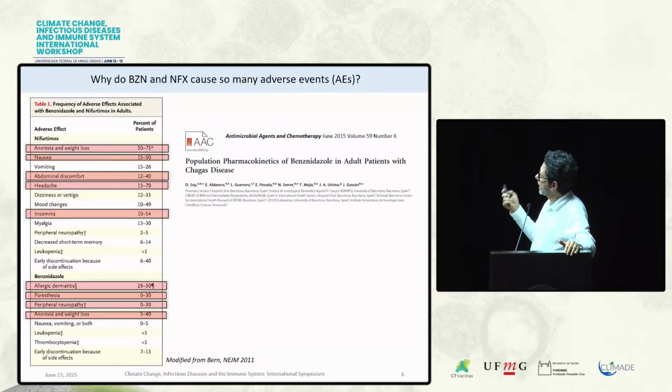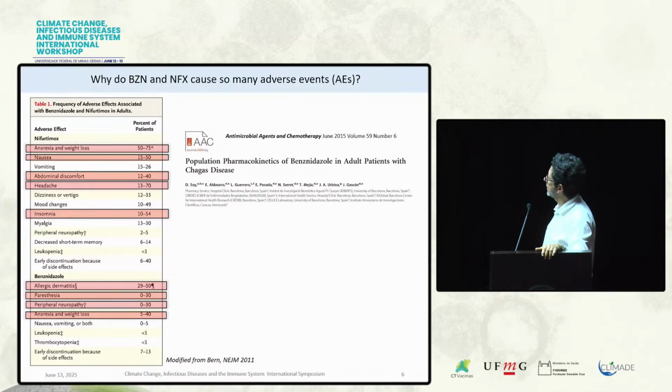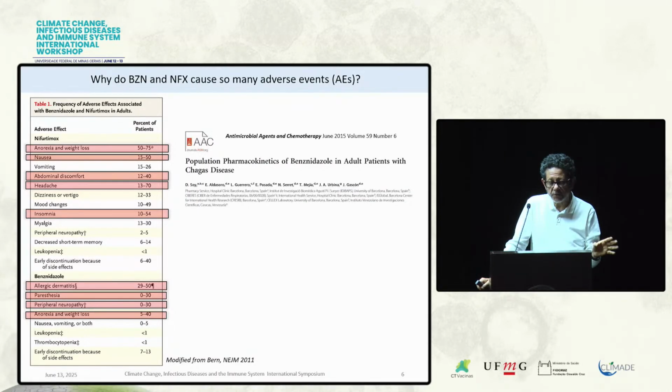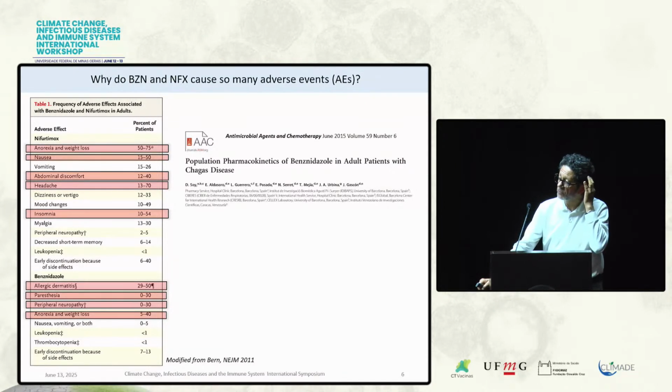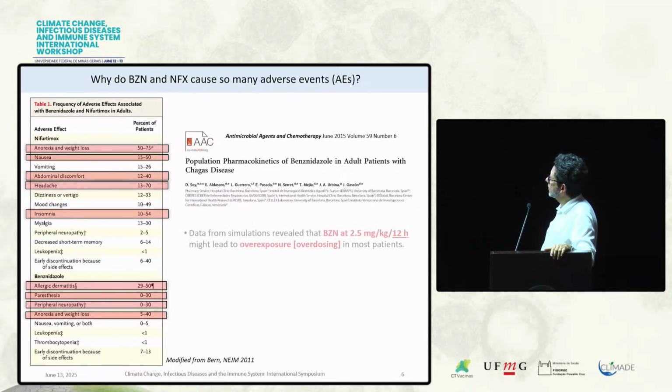So in a pharmacokinetic study done in 2015, benznidazole and nifurtimox have been used for probably over 70 years, and only in 2015 was the first pharmacokinetic study done for benznidazole, and the one for nifurtimox was only done a couple of years ago. So they found that the patients are probably being overdosed.